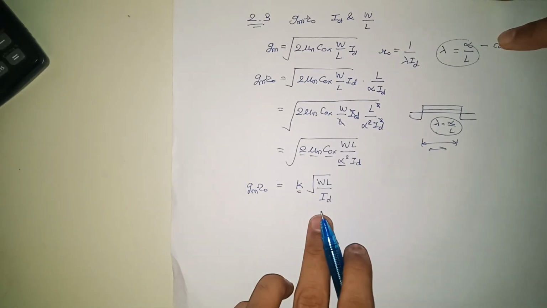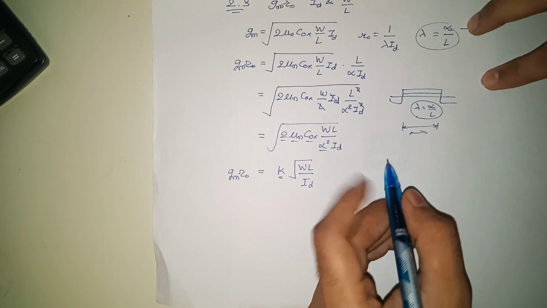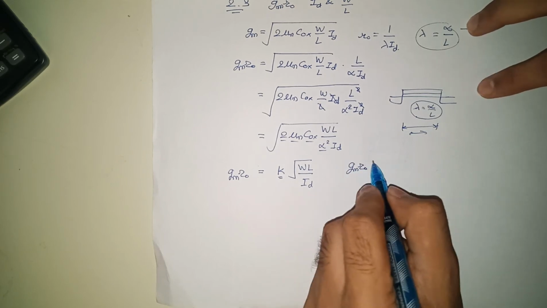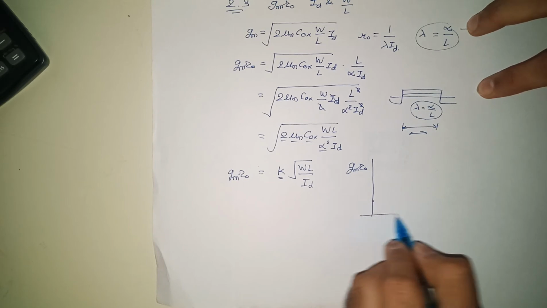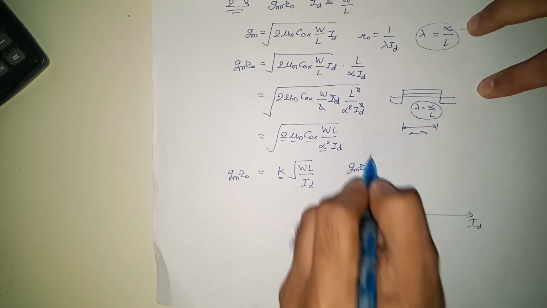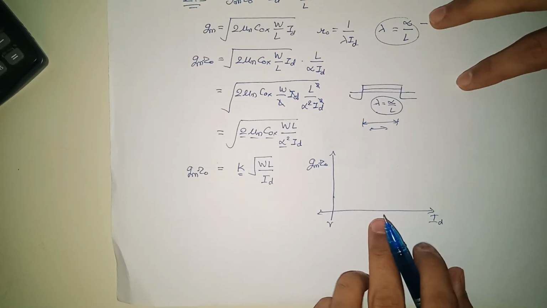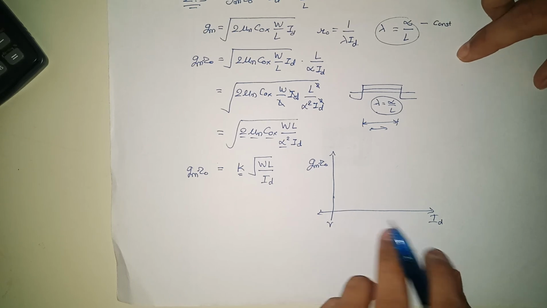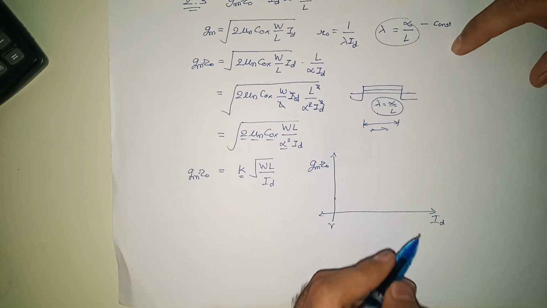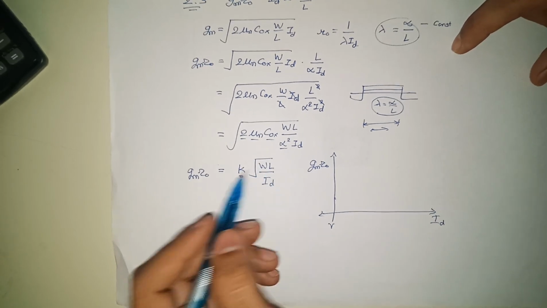So we got the equation. Another thing, they ask to plot gm·ro as a function of ID. How are we going to plot it with respect to this equation? Of course when ID is changing, we are keeping width and length constant.